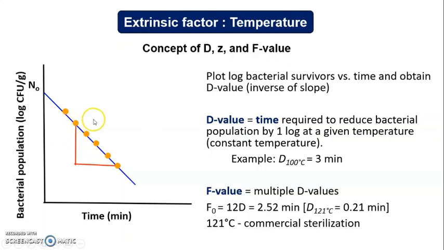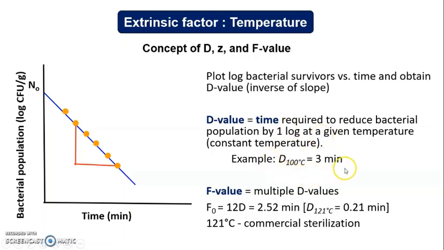When you want to plot the graph, it has to be log-transformed microbial count. Then you can obtain the inverse of the slope to get the D-value. So remember, D-value, the unit is time. Time for what? Time that is required to reduce the bacterial population by 1 log at a given temperature.